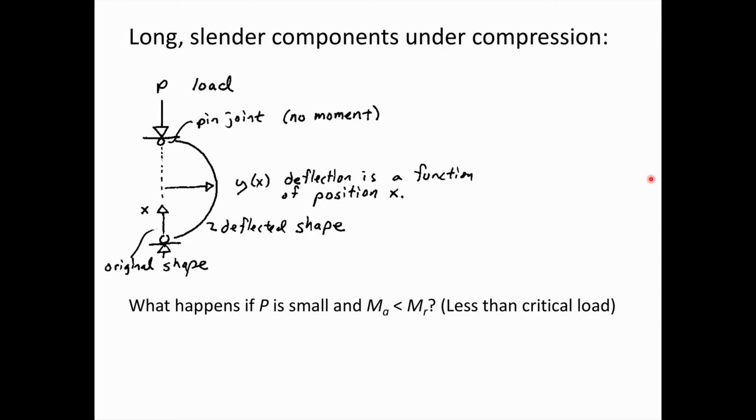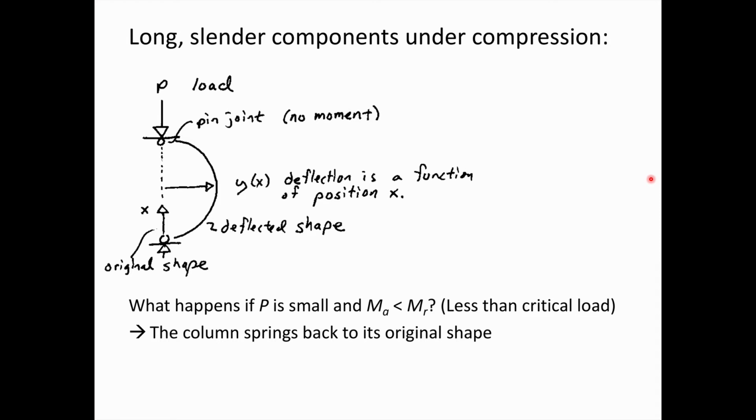So what happens first, let's think about what happens if there's an imbalance. What if the load is really small and the applied moment is small? It's smaller than the restoring moment. So suppose we are in this curved shape, but the applied moment is less than the restoring moment, which is the moment from the material elasticity that is tending to straighten out the column. So in this situation, if we start in a curved shape, but the applied moment is small, well, the column is going to spring back to its original shape.